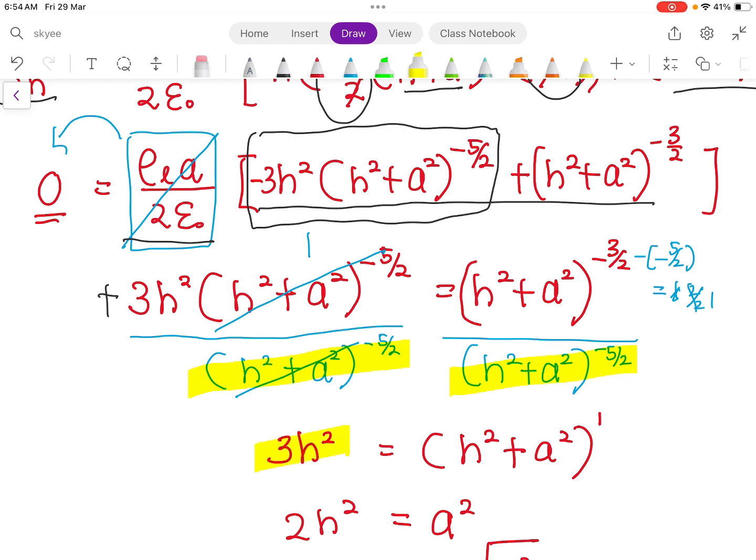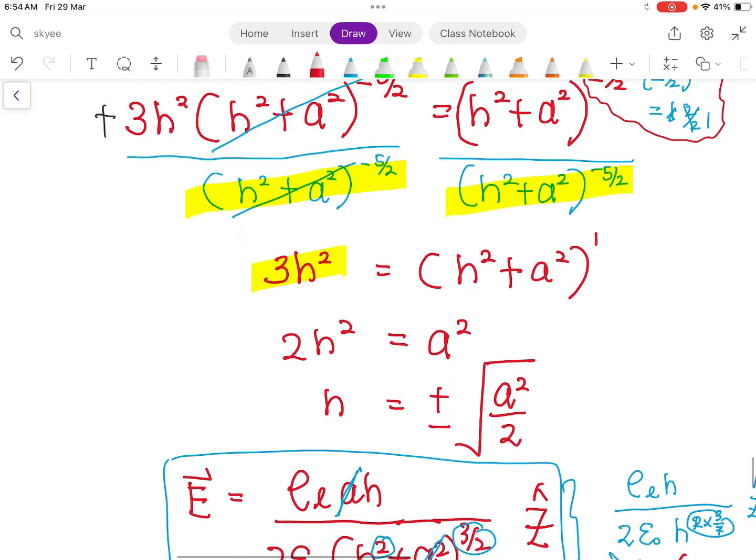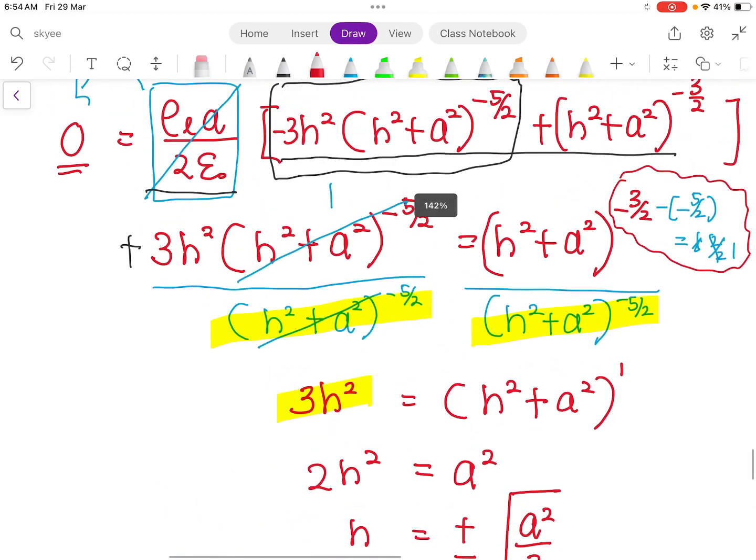And over here you can do the calculations, and it eventually becomes 1. Then you solve it, and your h is equal to plus minus square root of a squared over 2. So this will be the value of h that will make your electric field maximum. Then we move on to the next question.